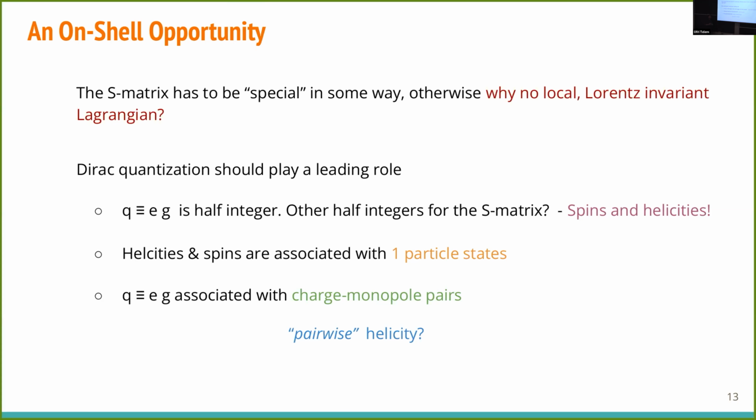However, the second thought is, wait, helicities are associated with single particles, but e times g is associated with pairs of two mutually non-local particles. And this leads us to the concept of pairwise helicity. This is effectively a quantum number in the S matrix, just like a helicity, but it's defined for pairs of mutually non-local particles. Any questions so far?